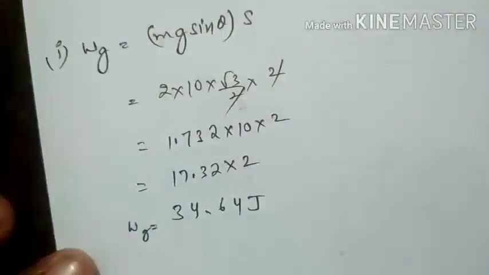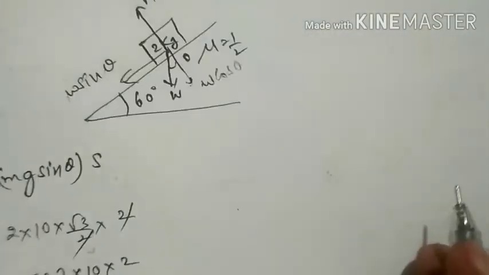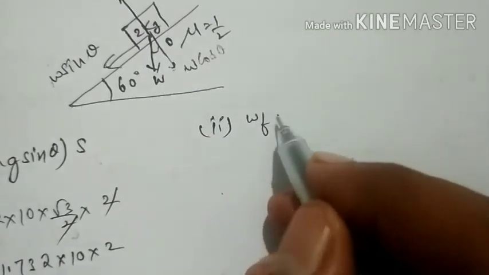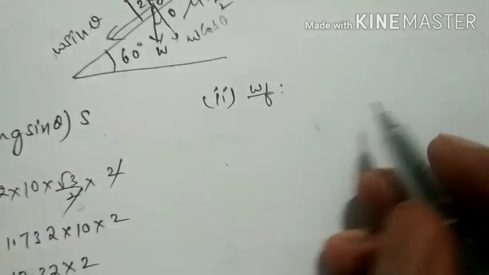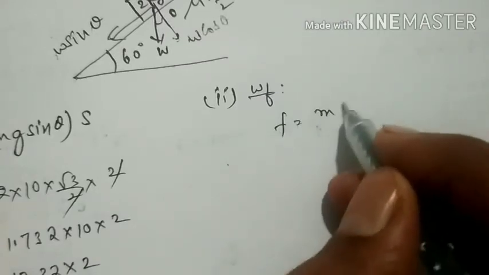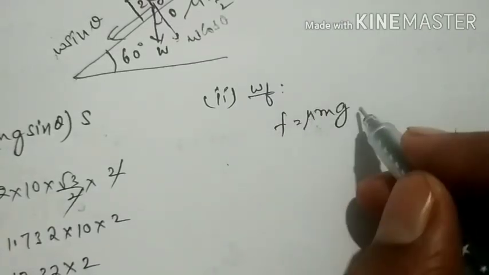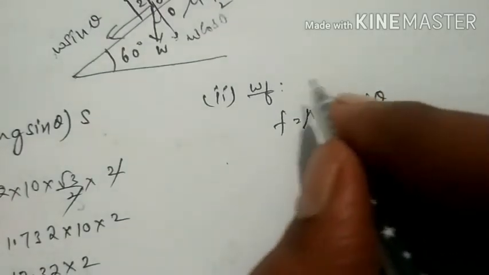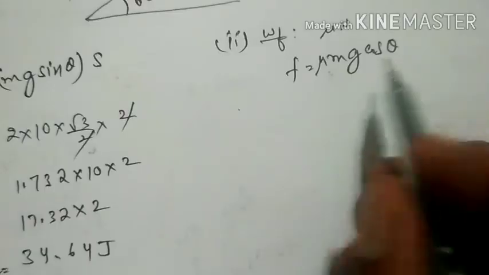Second problem: what is the work done by the frictional force? How can we calculate the friction? Frictional force F is equal to mu N, where N is the normal reaction.